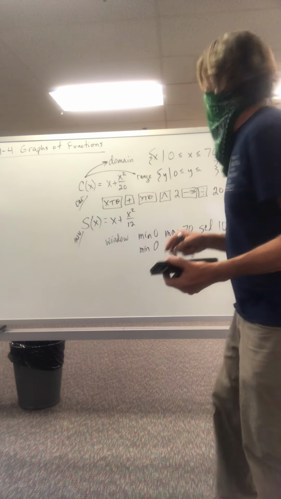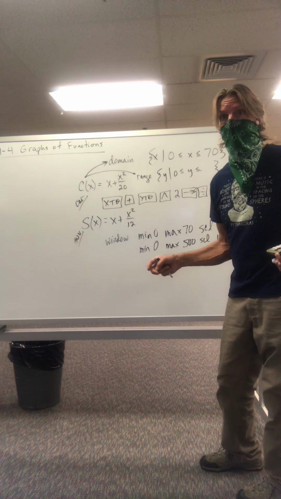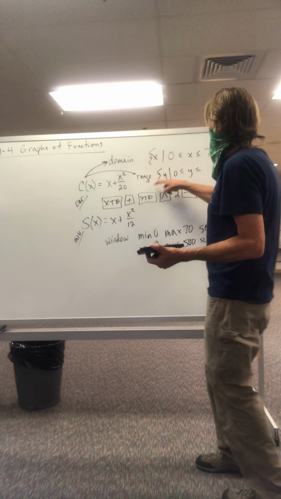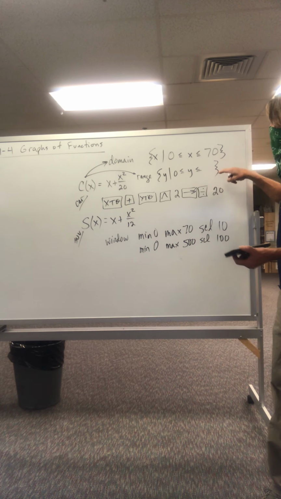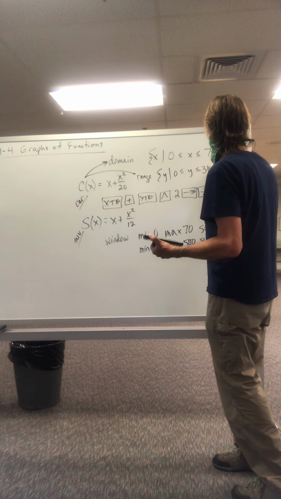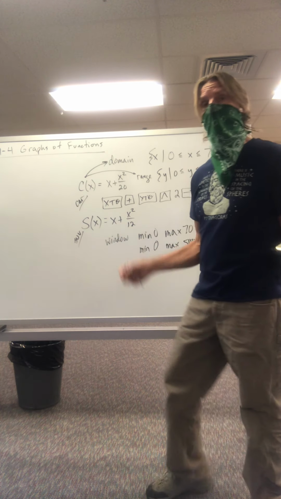And that would probably be a good idea, because for both of these functions, the domain is going to be 0 to 70. And we want to know what the range is. So what is the range for the c of x function? 315, 0 to 315. And then we could also write the domain and the range for s of x as well.